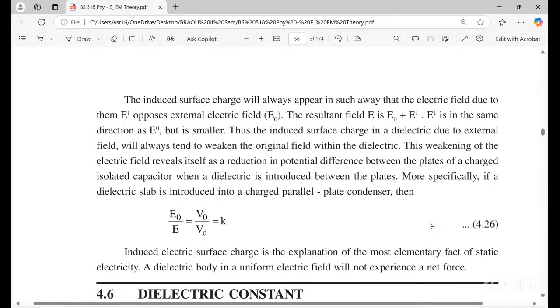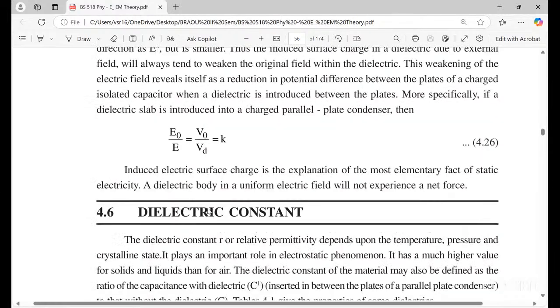So if a dielectric slab is introduced, the dielectric constant is the ratio of the electric field in free space to that in the medium, or the ratio of the potential difference between the plates in free space to that in the medium, that is E naught by E or V naught by VD. That gives you the dielectric constant.